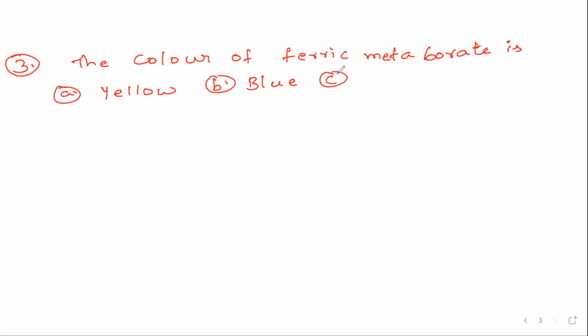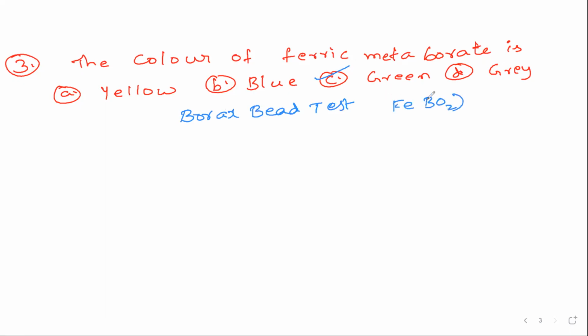Option C, green. And option D, gray. So straight away you can say it is green, that is the borax bead test. You can refer to the borax bead test which we discussed in the previous lecture. It forms ferric metaborate, that is Fe(BO2) taken thrice, which is green in color.